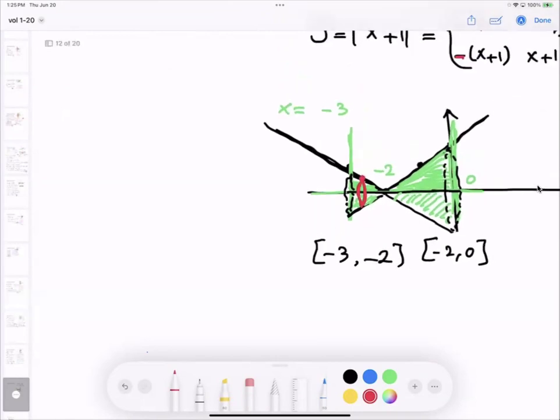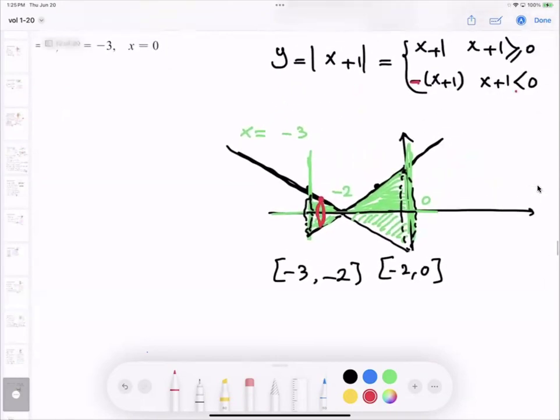But for any x less than -1, you have to put a negative sign in front of it. So the area on the left-hand side is pi times r squared, where r is negative (x plus 1), to the second power.